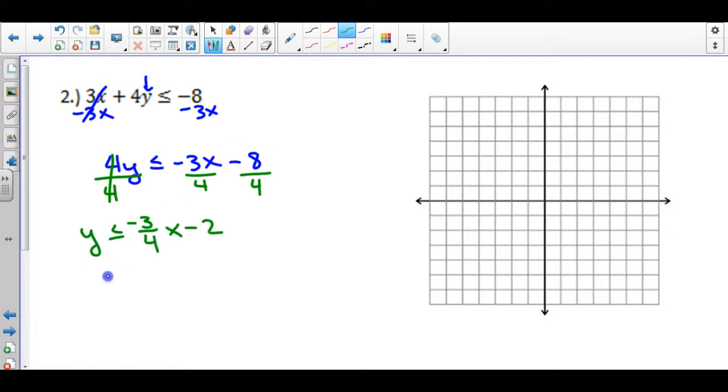I'll do the same thing that I did on the last problem, which is identify the slope: -3 over 4, the coefficient of x, the number in front of that variable. My y-intercept b is -2, which is going to be our starting point. Since we have the "or equal to" part, less than or equal to, it's going to be a solid line, which means any point on that solid line will be a solution to this inequality.